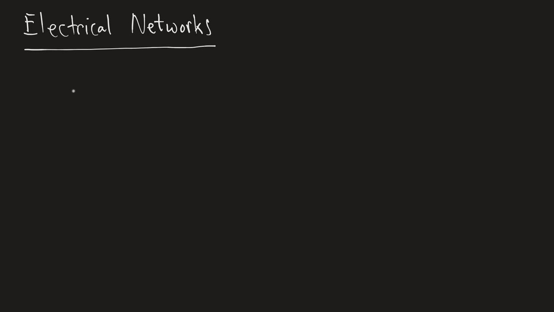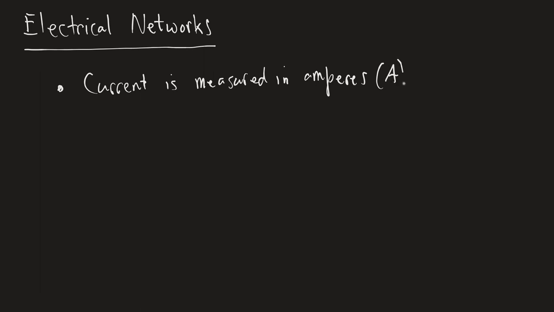So I'll start with just some basics of electricity. I'm just going to focus on the aspects of electricity that will apply to our networks or circuits. So first, I'll make these as bullet points. Current, measured in amperes, and we abbreviate that with an A. Resistance is measured in ohms, and that's after an actual person.